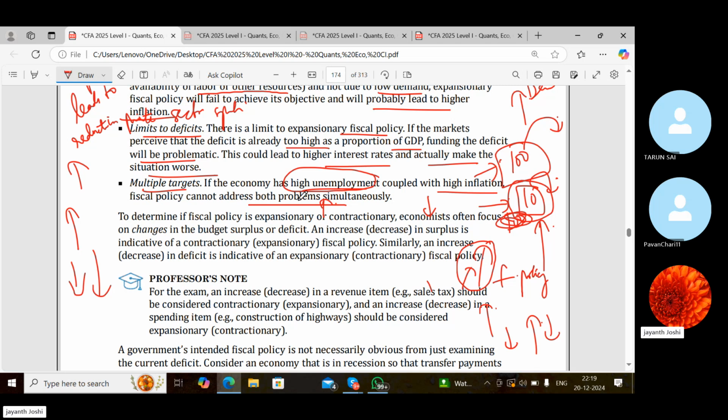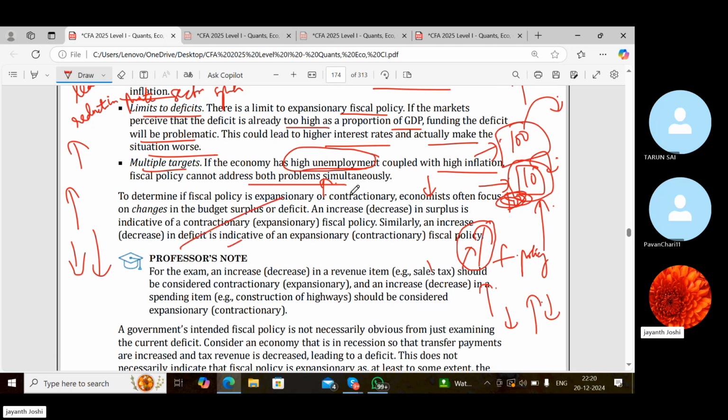Why? Because unemployment has so many reasons. If the economy is not performing well, or there is a lack of skills available for a particular job, all those problems are there. So not always with fiscal policy can they solve all the problems.